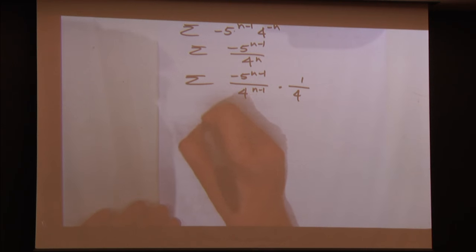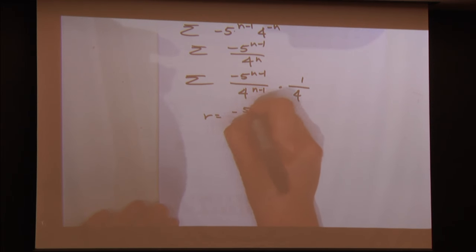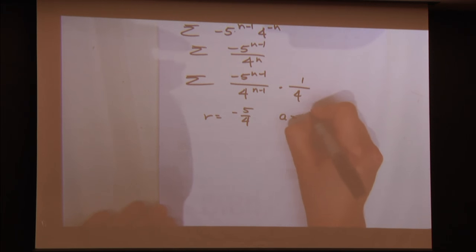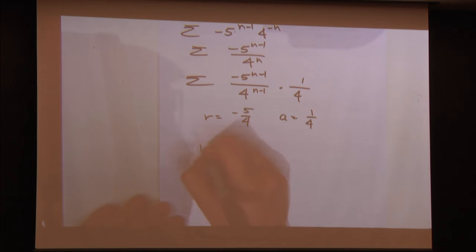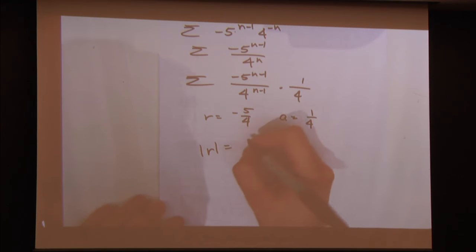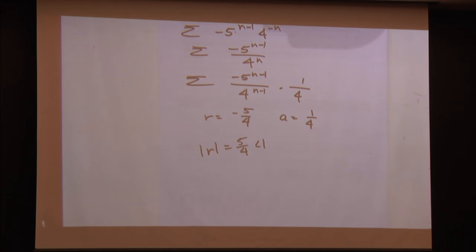We know that r now is equal to negative 5 over 4, and a is equal to 1 over 4. Well, r is that, but we need to figure out if it diverges or converges, and that's when we use absolute values. The absolute value of r is 5 over 4, and is that less than 1?